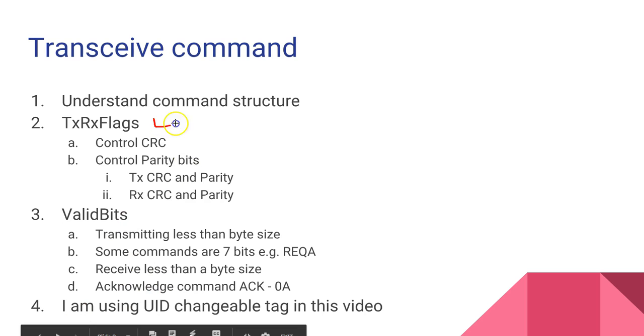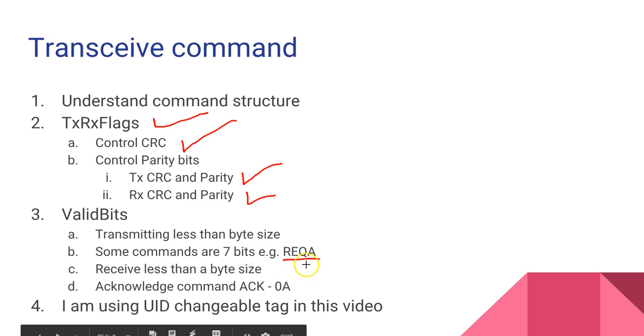So you already know now what the TXRX flags are. You know what the CRC thing is. Now you know about RxCRC and TxCRC and parity. I also mentioned the valid bits, which basically tell the reader to transmit less than a byte. For example, if you look at the documentation of REQA, it says the command REQA needs sending using only 7 bits, not 8 bits.